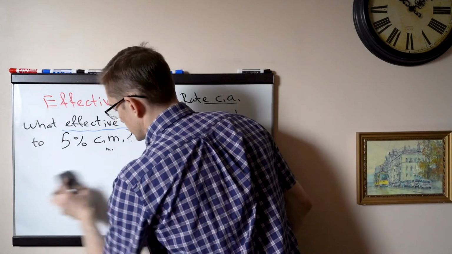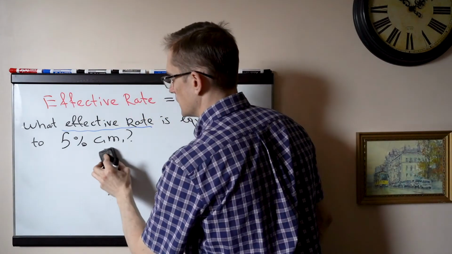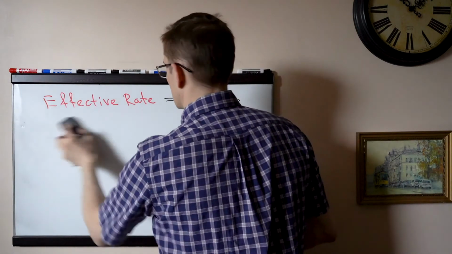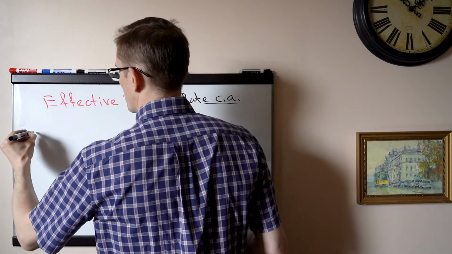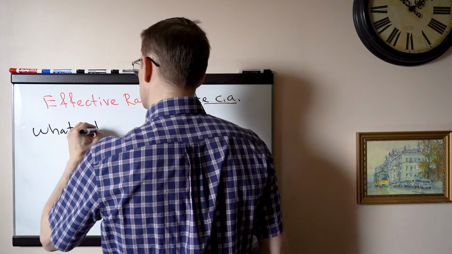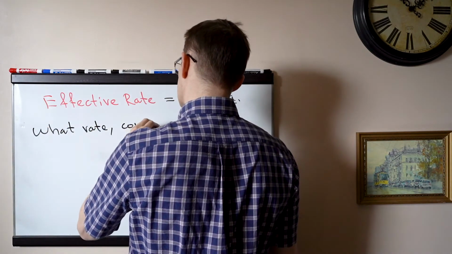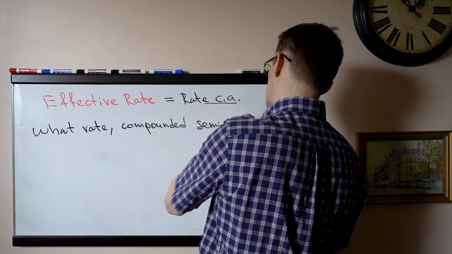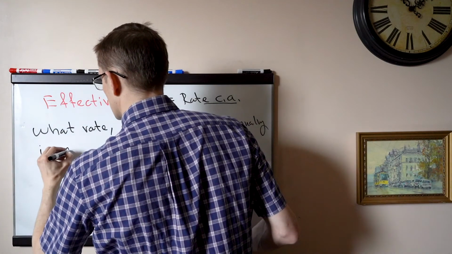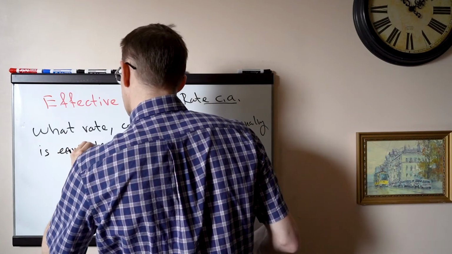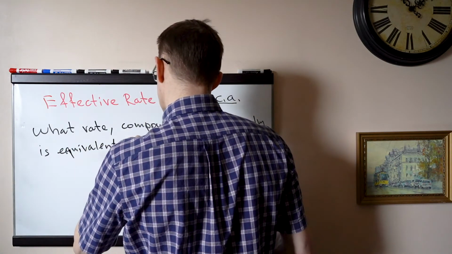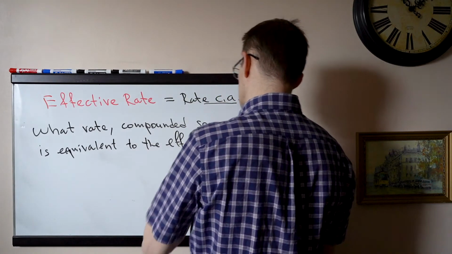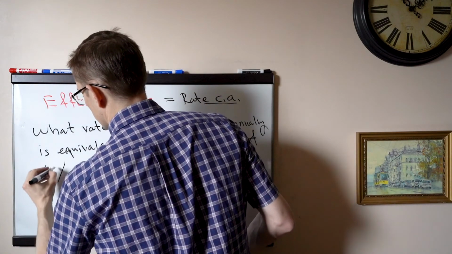Okay, so let's look at one more problem, and in this case I'll go reverse and I'll say this: what rate compounded semi-annually is equivalent to the effective rate of 4%?